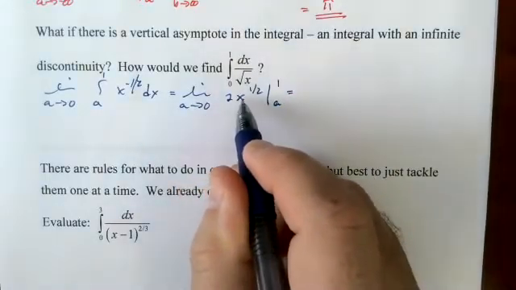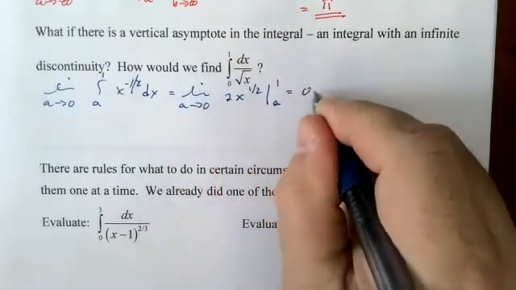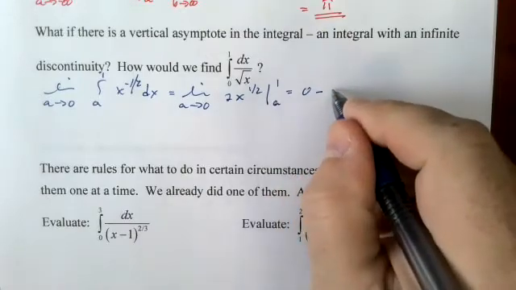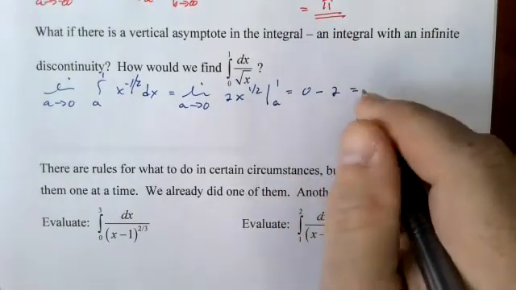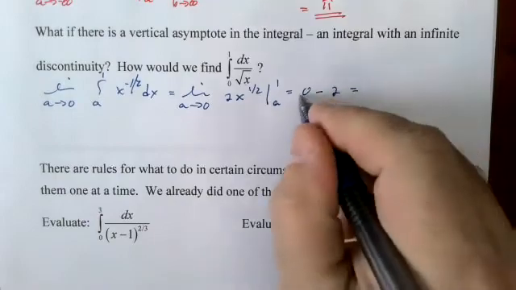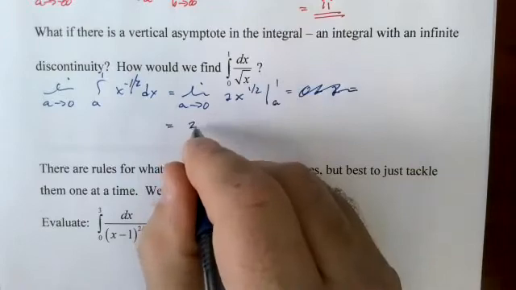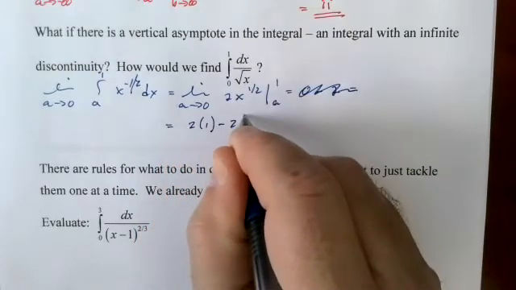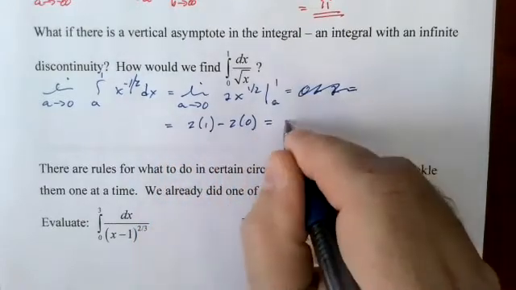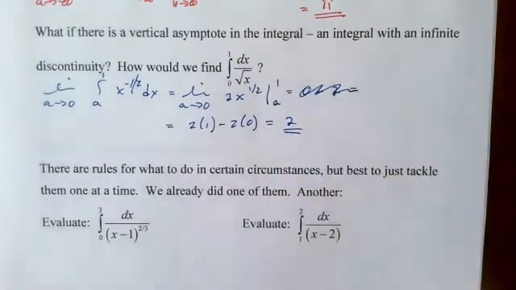Okay, plug in 0, no problem. I have this backwards. Equals 2 times 1 minus 2 times 0, equals 2. That's cool math.